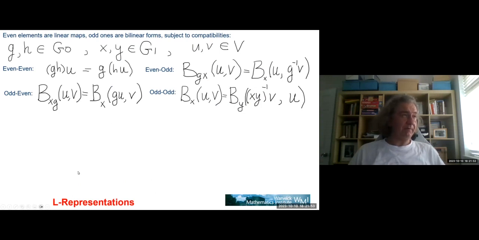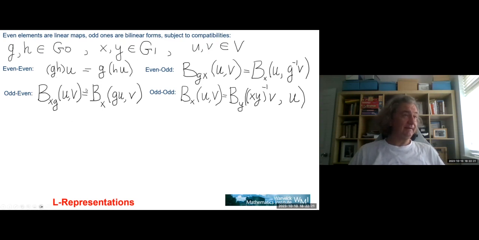Roughly, what happens here? Every G and H acts on a vector space by representations, and odd elements on this vector space act by non-degenerate bilinear forms. That's what they do.